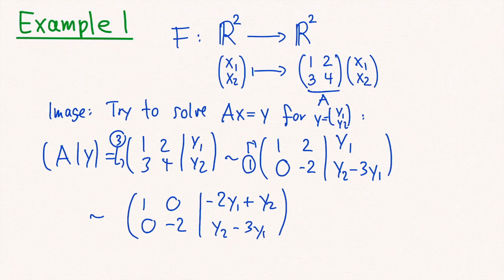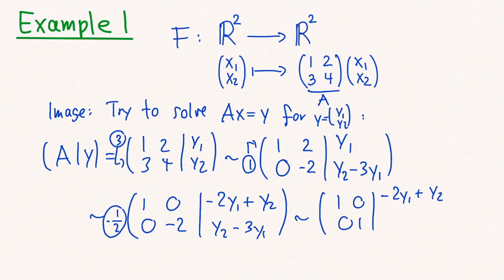And then we can divide by minus 2 to get this. So the first row is the same, and the second is minus 3/2 y1 minus 1/2 y2.